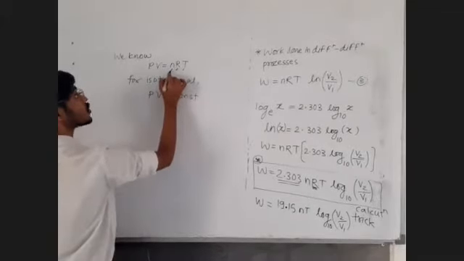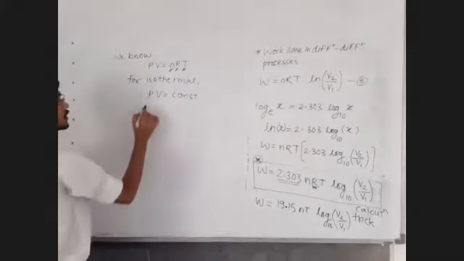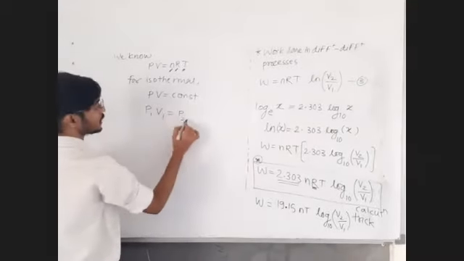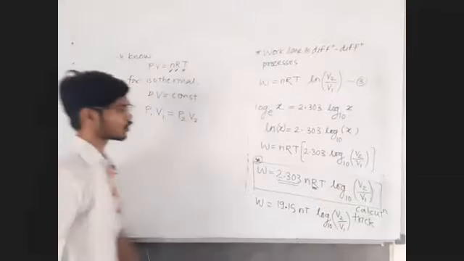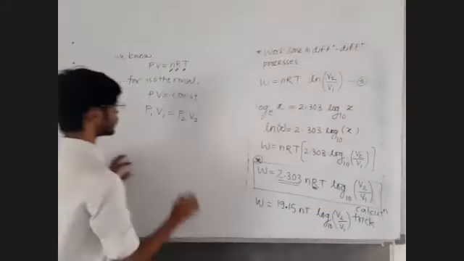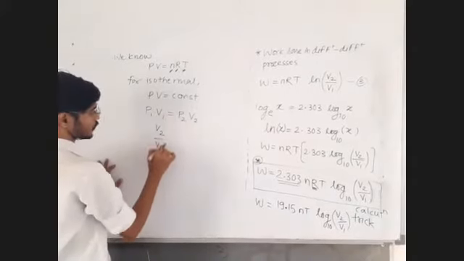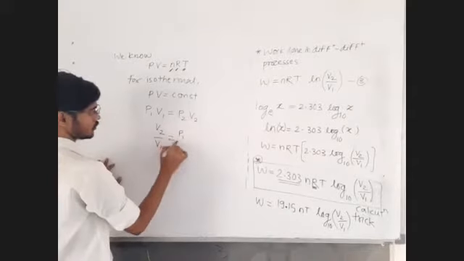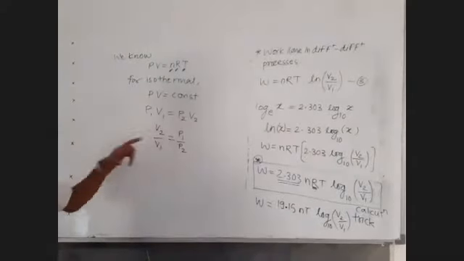So initial pressure into initial volume must be equal to final pressure into final volume. So P1 V1 must be equal to P2 V2. So what is V2 upon V1? V2 divided by V1 will be equal to P1 divided by P2.